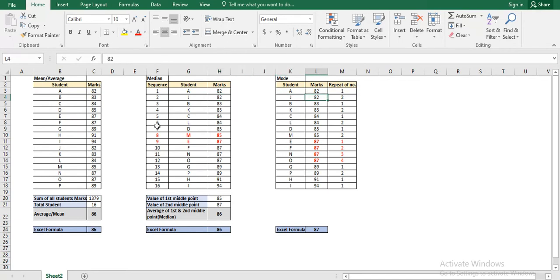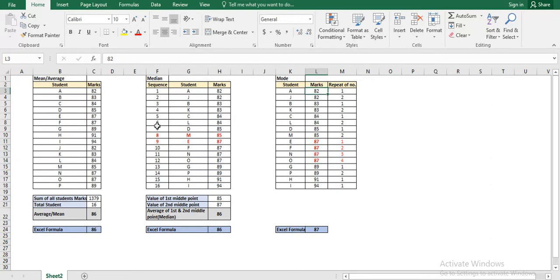Now we will talk about our third measurement of central tendency, which is mode. Mode is nothing but the number which comes the most number of times in our data set.